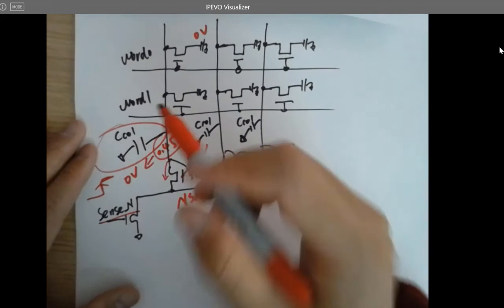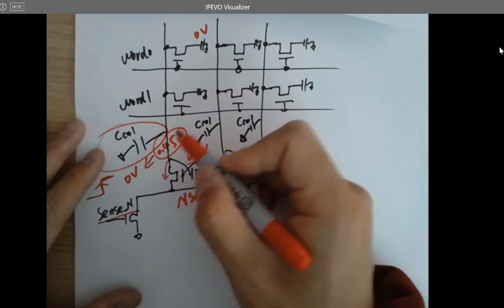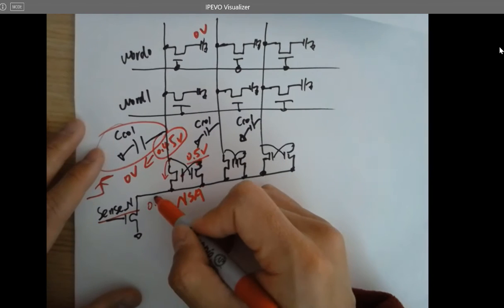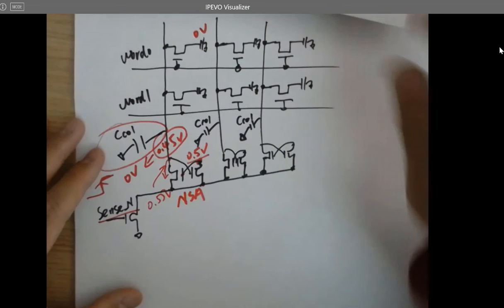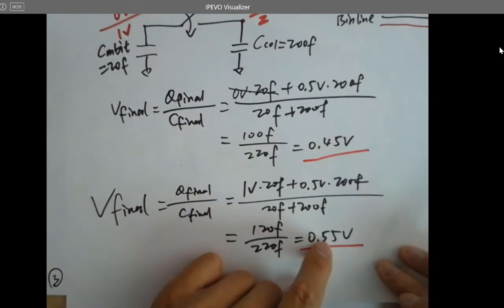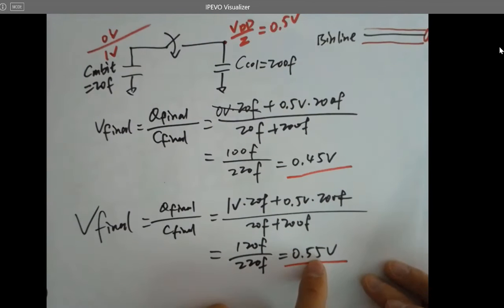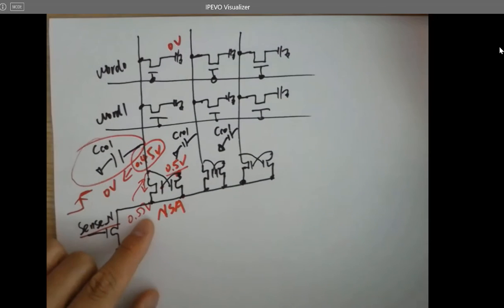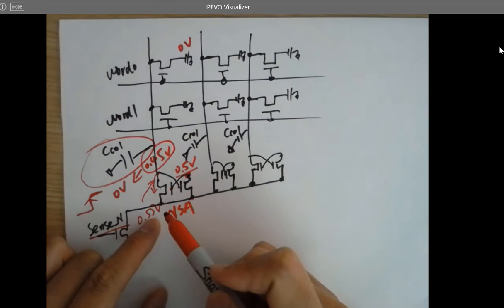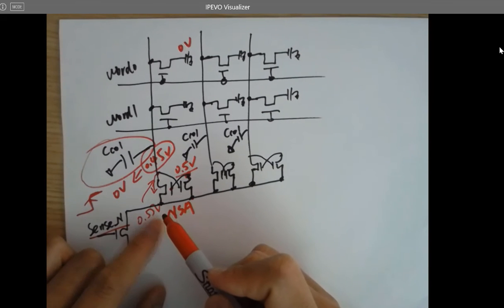So now let's look at the same circuit if I have a 0.55 here instead of 0.45. Remember, if you have 1 stored in here at the very beginning, you're going to have 0.55 volts eventually left. So if you have 0.55 volts, can you pull it right up to 1 volt, since you want to read 1 volt?